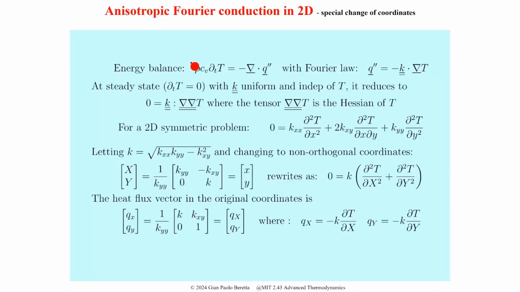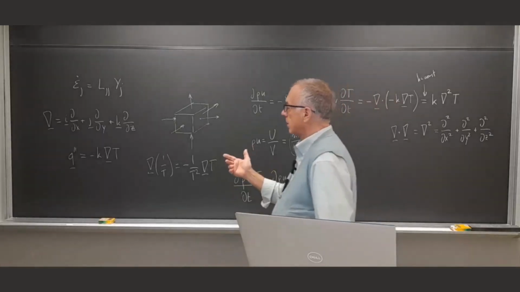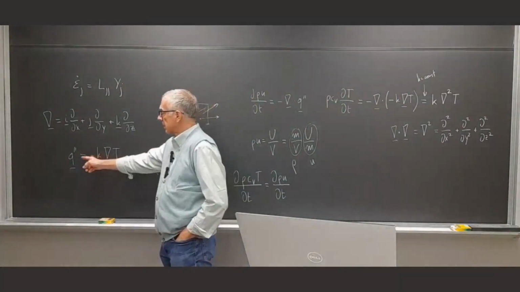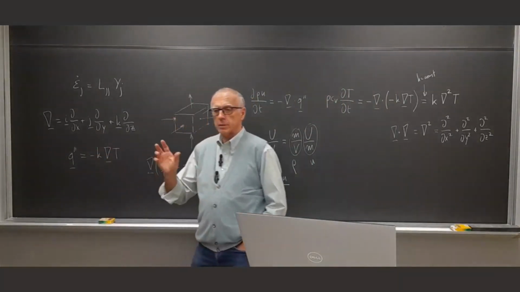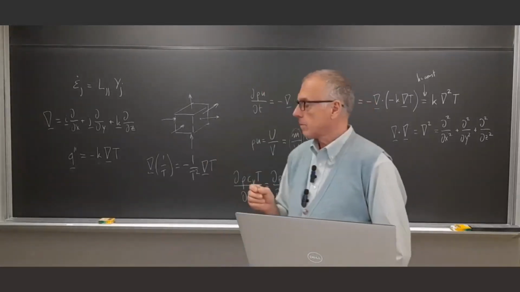If you have a non-isotropic material, there is an interesting change of coordinates. We have seen that the heat flux and the gradient in temperature are not in the same direction.